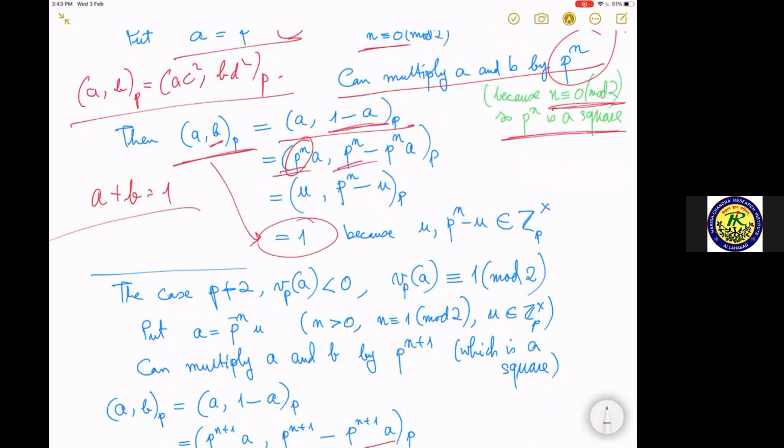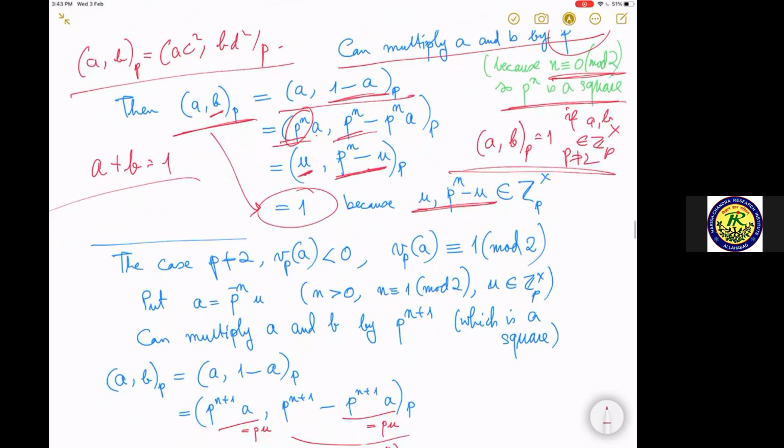You get (p^n A, p^n minus p^n A). But p^n times A is u, a unit, and here I get p^n minus u, which is also a unit. Both of them are units. And in this case, I know that (A,B)_p is equal to 1 if A, B are in Z_p star and p is different from 2. That's the case here.